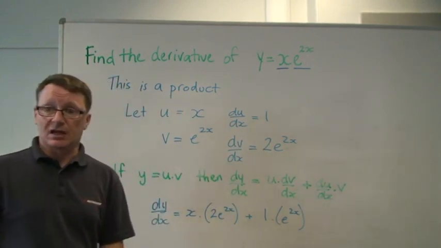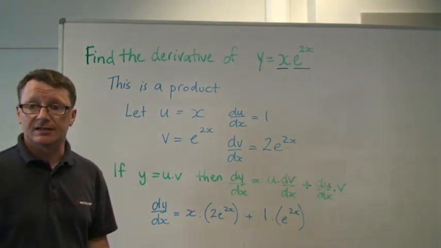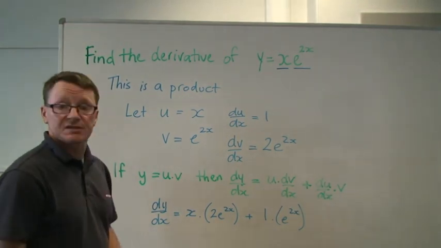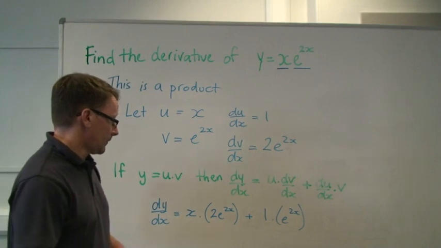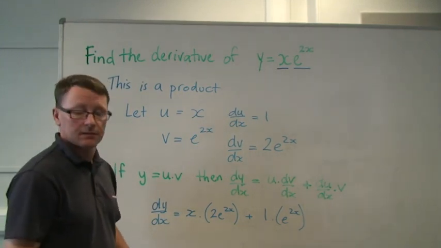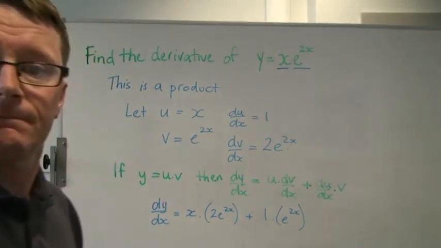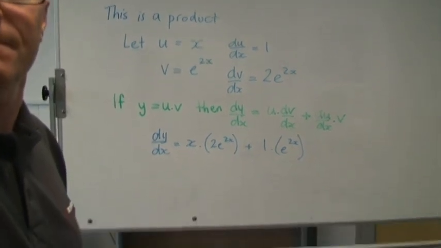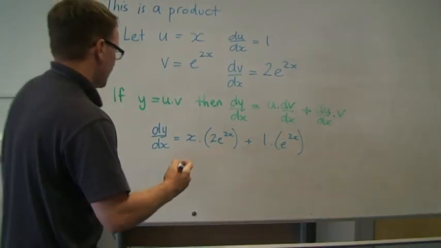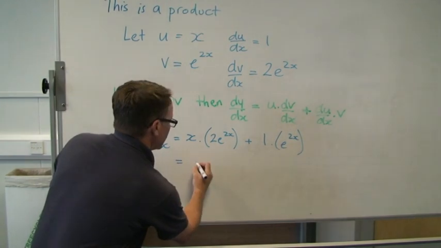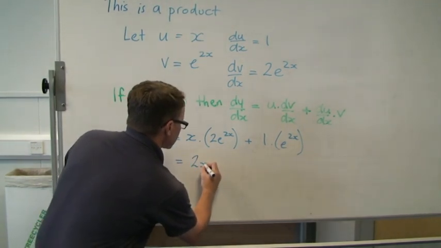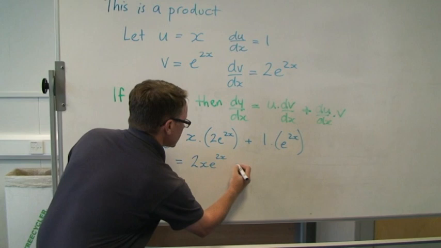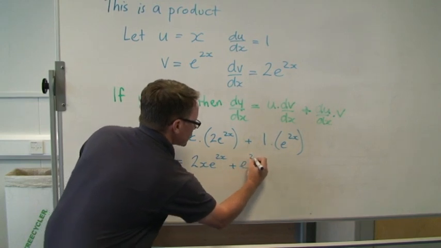That's the calculation done. We just need to tidy that up. And if we tidy that up, let's move the camera, then we will get 2x e to the 2x plus e to the 2x.